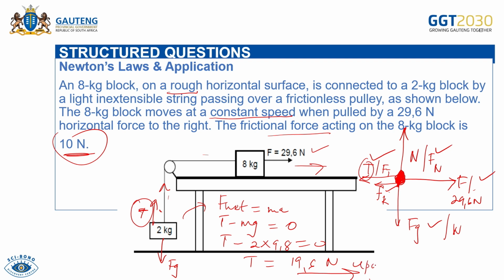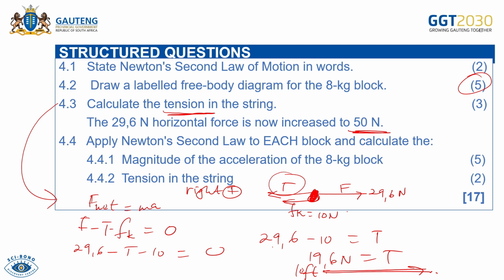So it depends on which object you used to get that tension. Unless they wanted us to calculate the magnitude, then it's just 19.6 newtons. But tension is a force, a vector, so both magnitude and direction must be shown.